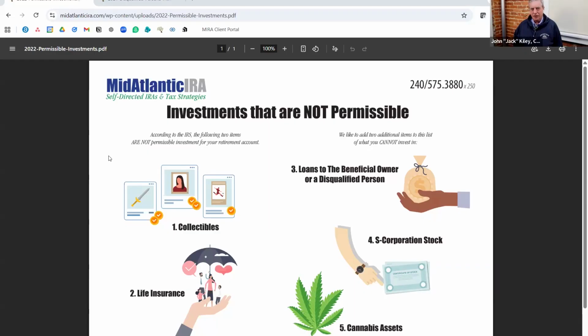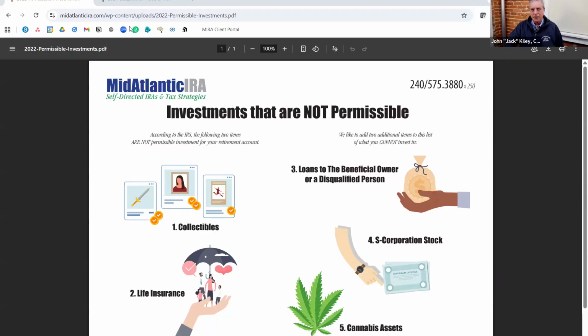There's scuttlebutt in Congress to move cannabis from what's called a Schedule One narcotic, which equates it to fentanyl and heroin and coke and all that fun stuff, and moving it to Schedule 3, which would put it on the order of like Benadryl. So if that happens, then I'm sure the floodgates will open up. But in any event, these are the things that you cannot invest in or with retirement plan money.